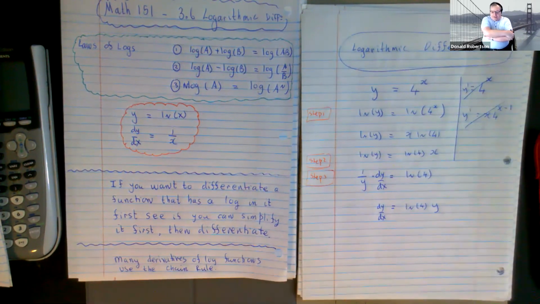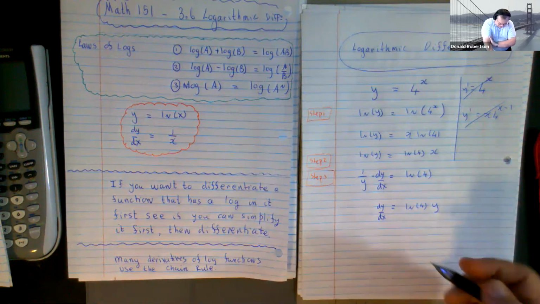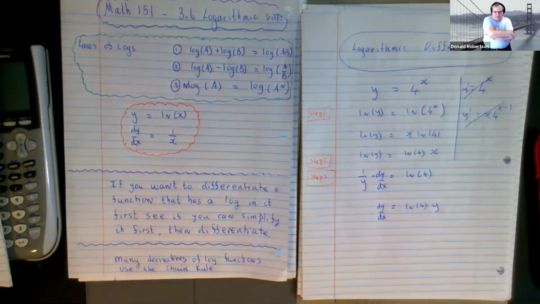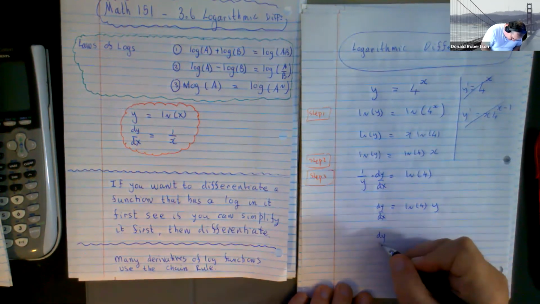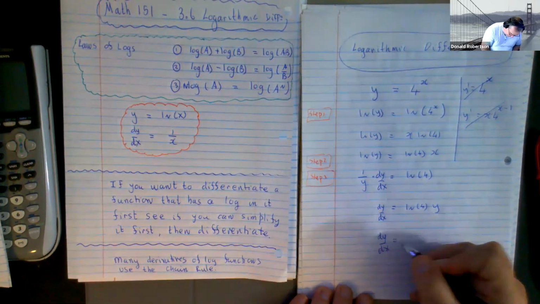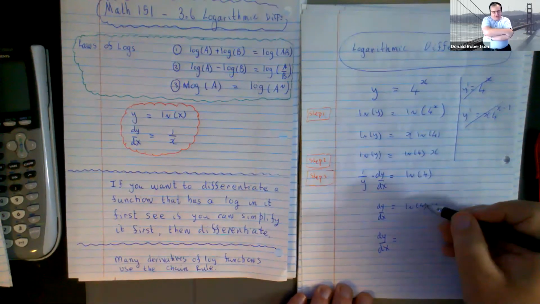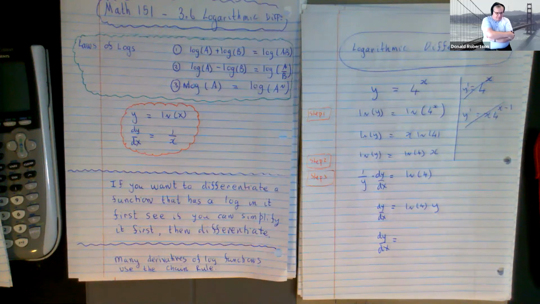And you say, well, that's great, there's the answer, but the answer's got y's in it. I don't want an answer with y's in it. I want an answer with x's in it. So what would we do to change that so we now have x's? What would I replace the y with? 4 to the x.